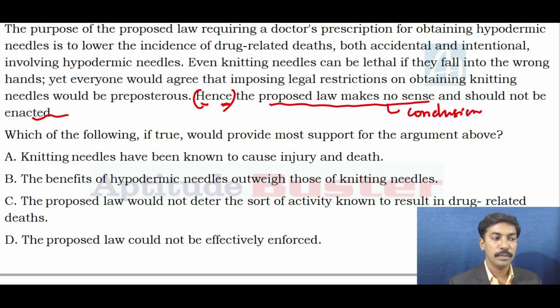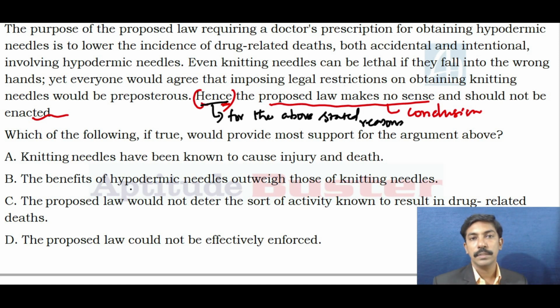That's the first clue. And there is another hidden clue. We use the word hence. If you ask yourself what the word means, this is to say for the above stated reasons, isn't it? So initially the author provides reasons before reaching a conclusion. Now let's look at this last sentence alone and we'll go for the claim so that it becomes easier.